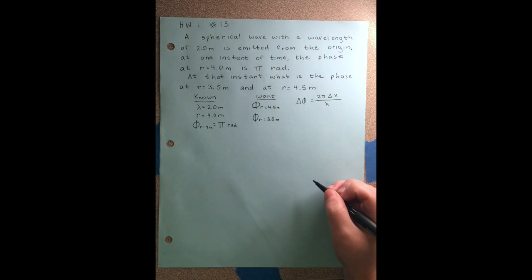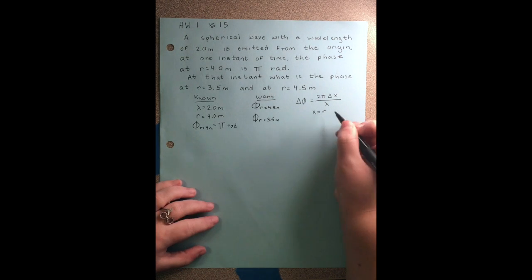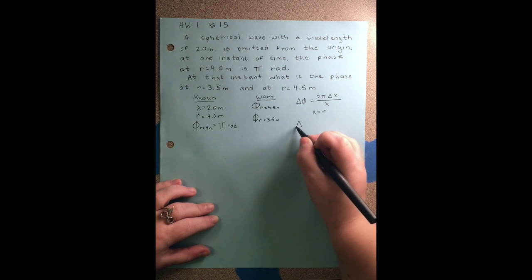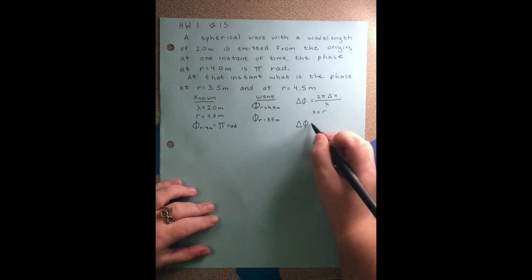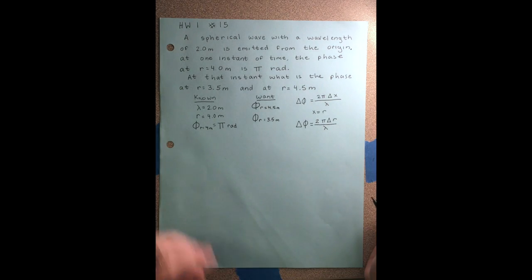And in this situation, x is equal to r. So I'm going to write that again, but instead of an x here, I'm going to put an r in, so it makes sense with our variables. So now it's pretty much just plug and chug.